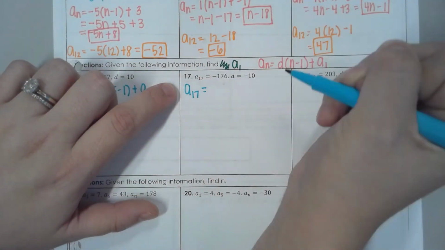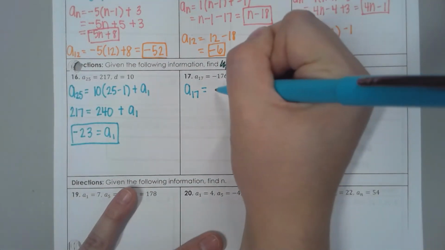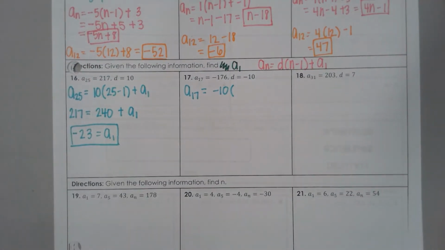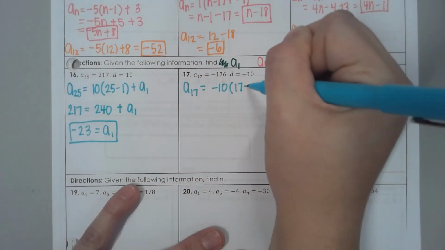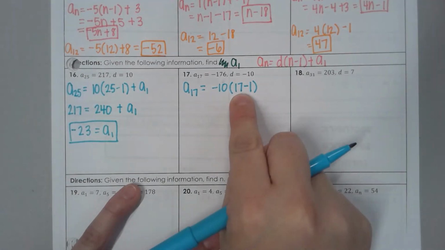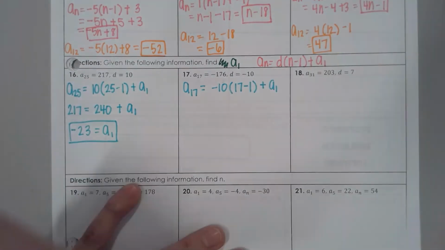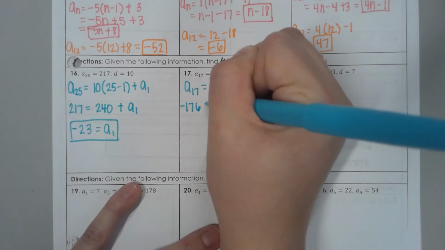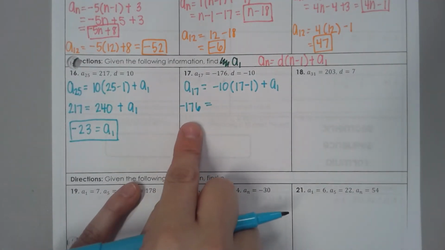A17 equals my common difference of -10, and then in parentheses, I'm going to do 17 minus 1 because we know the 17th term, plus A1. And I know that A17 is -176.